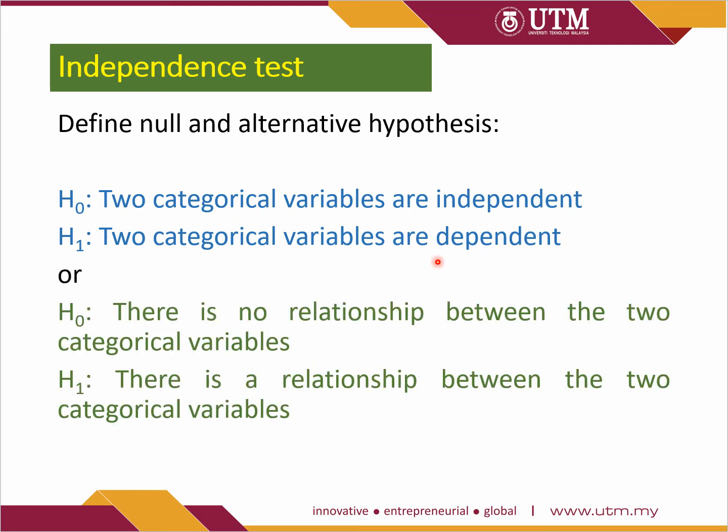Or we can also write the null hypothesis as: there is no relationship between the two categorical variables. And the alternative hypothesis as: there is a relationship between the two categorical variables. So these are our assumptions for the hypotheses.